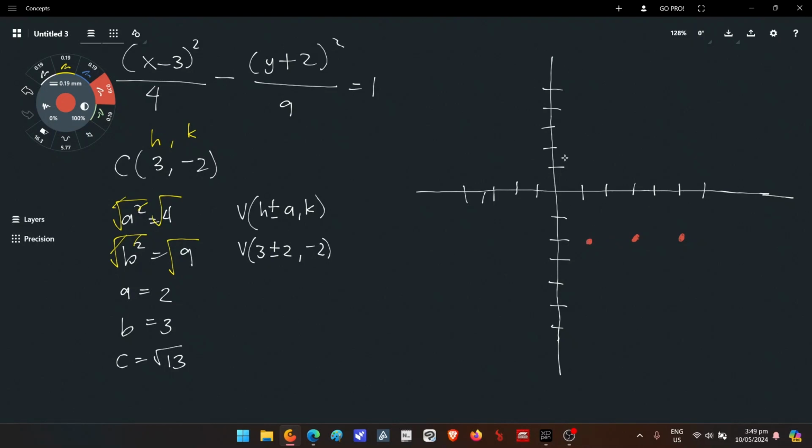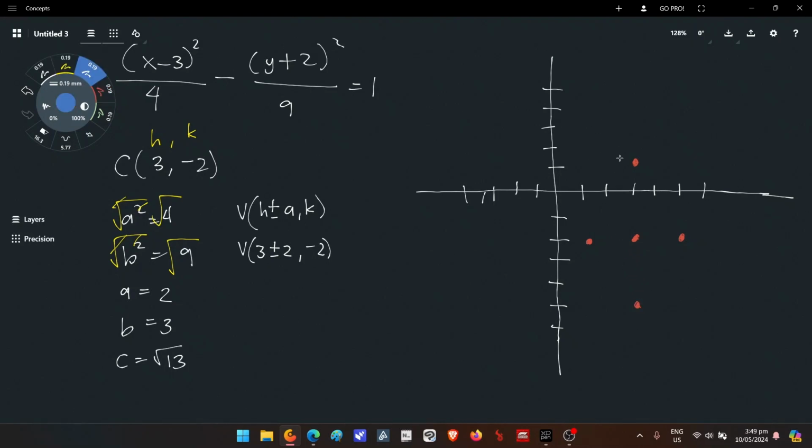And if you're wondering how to find the corner vertices, we just need to look at b. Since a is on the x-axis, that must mean b is on the y-axis. So we just need to add 3. So 1, 2, 3. So this is our first vertex, and then 1, 2, 3. This is another vertex.